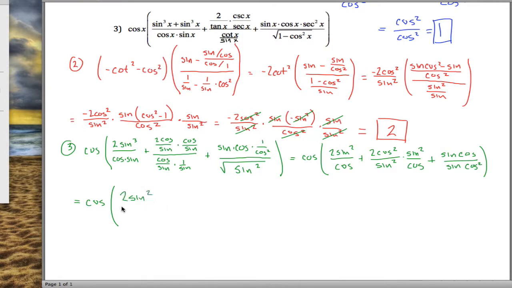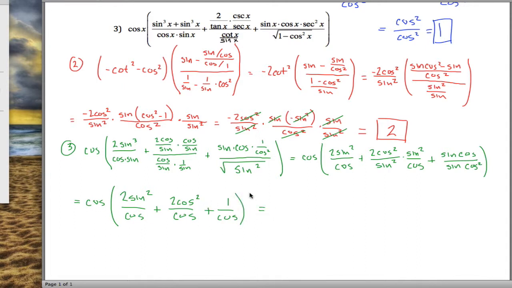Got 2 sine squared over cosine, plus these sine squareds cancel out, and I get 2 cosine squared over cosine. And then over here, these sines cancel. This cosine cancels with one of these cosines, and I get 1 over cosine.